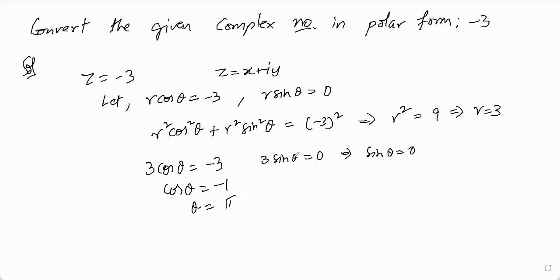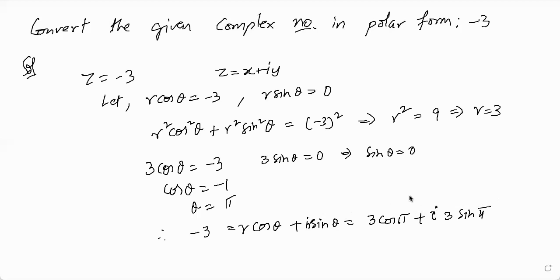Now we got theta as pi. Therefore, we have minus 3, which is r cos theta plus i r sin theta, or we can write this as 3 cos pi plus i 3 sin pi.